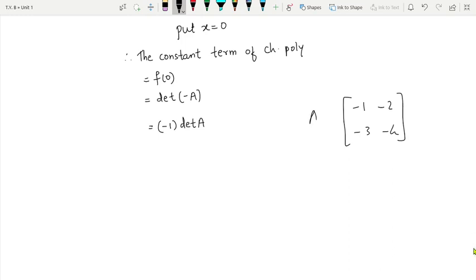This is a matrix A, and we are talking about the determinant of A. If you are having a determinant, then we can pull out the term that is common to the first row, in fact to the first column also. Similarly we can do the same for the second row also.